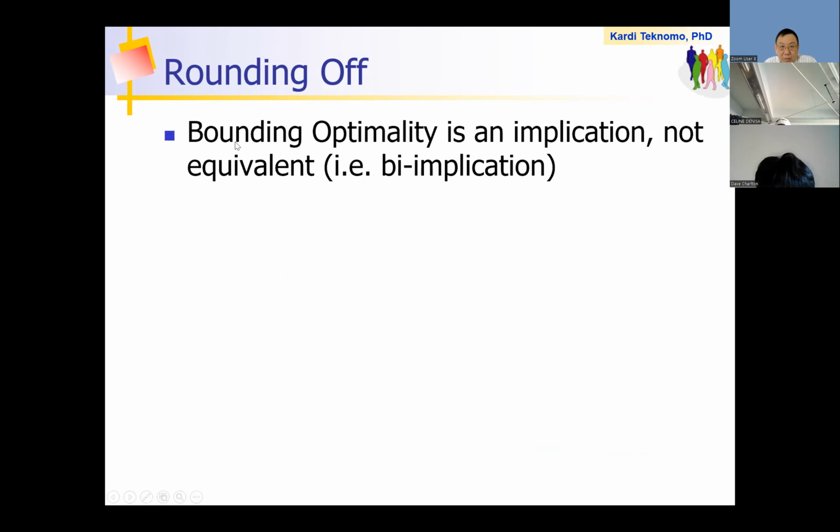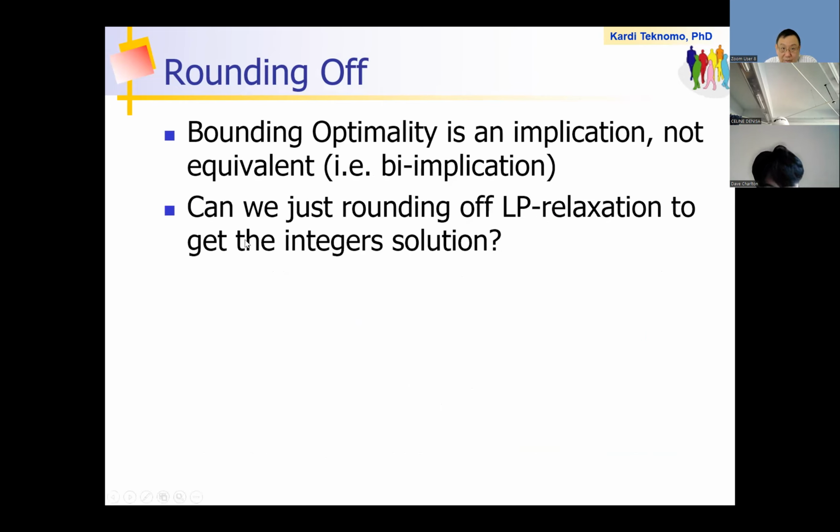If you do a round off, the bounding optimality is an implication, so not equivalent. So even if you round off the value, you will not get the actual optimal value. So the question is, can we just round off the LP relaxation to get the integer solution?